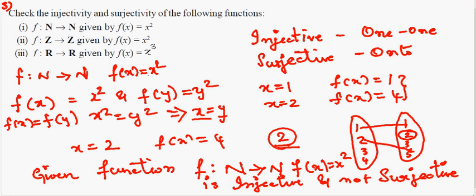Let's take for example when a function is from Z to Z, that is between integers, where f of x is equal to x square. What does it mean? Integers means you can take negative as well as positive. So how to check the injectivity?